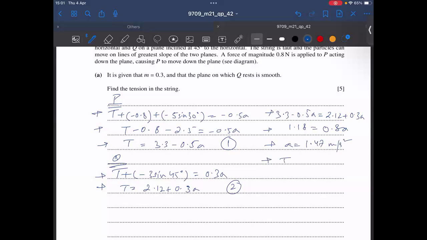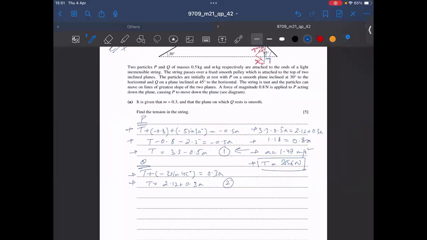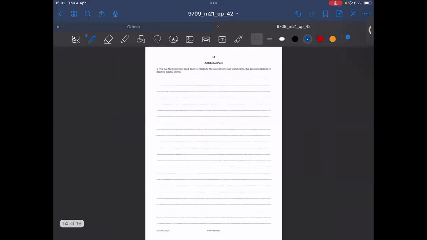I'm going to substitute over here. T is going to be 3.3 minus 0.5 times the answer, so it's going to be 2.56 newtons. So the tension is 2.56 newtons. All right, it was easy.